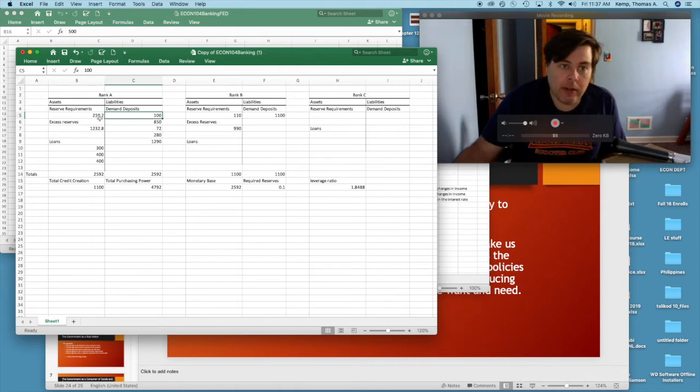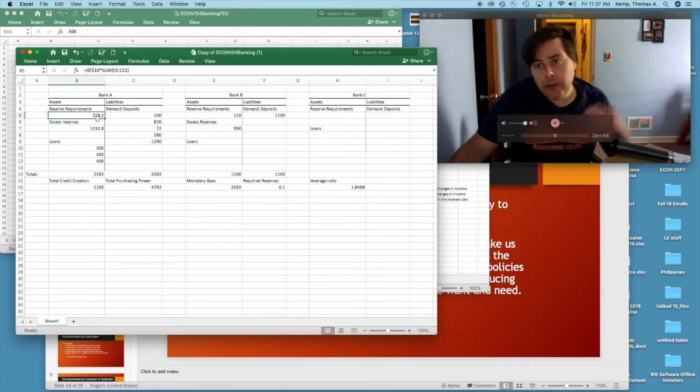Okay, then on the asset side, the first entry I have is what's called reserve requirements. We should know from the lecture that banks in a fractional reserve system have to keep a portion of their deposits on reserve, either in their vaults or at the Fed, which is the central bank of the United States. Now, quick note on that here. A week and a half ago, the Fed lowered reserve requirements to 0.